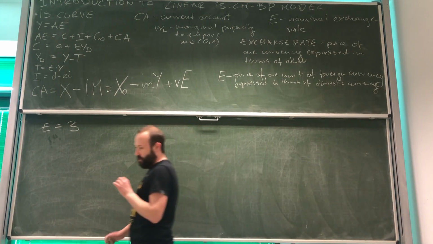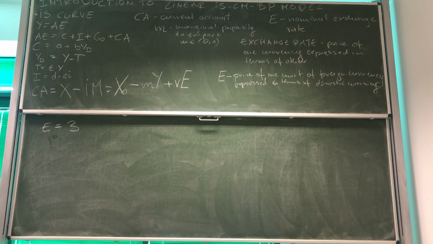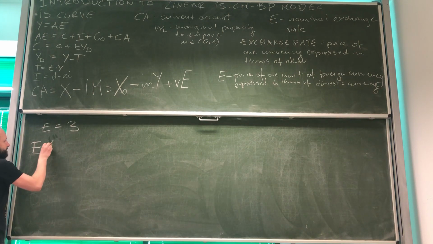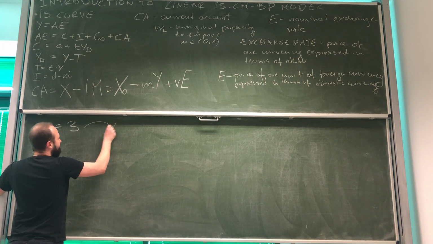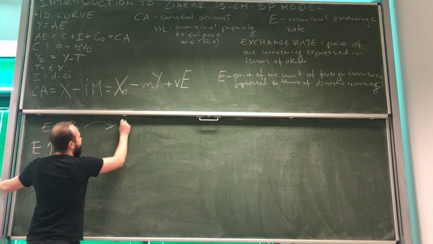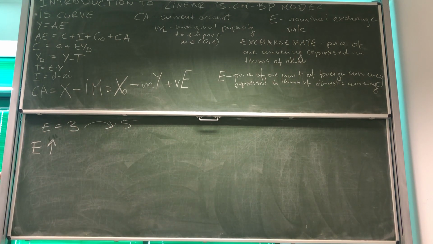And look, just from that, we can get what is happening when the exchange rate is increasing or decreasing. Because look, if the exchange rate is going up, so for example from 3 to 5, what does it mean?